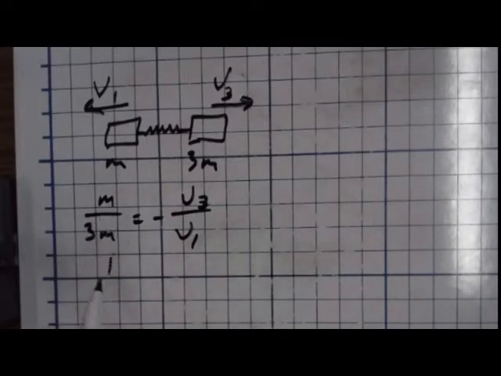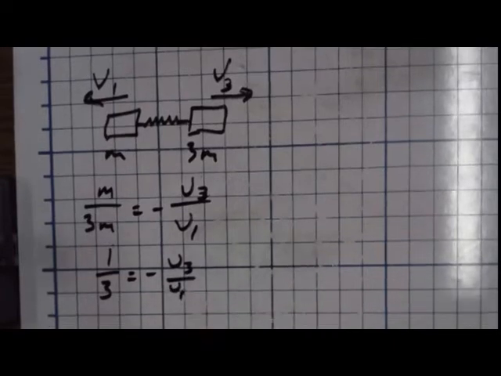So that's 1 over 3 equals minus V3 over V1, which means, solving that, V3 is negative 1/3 of V1. I'm having trouble with this pen writing clearly. All right, so V3 is 1/3 of V1. The negative is because they're going opposite directions.